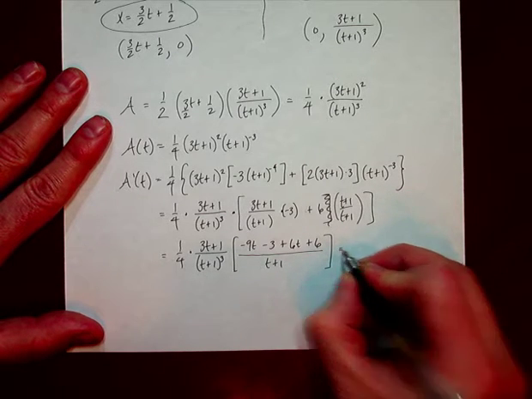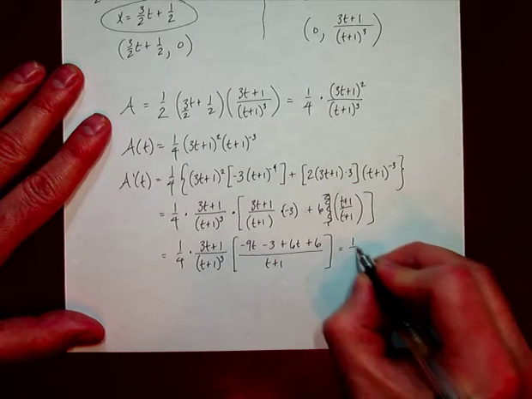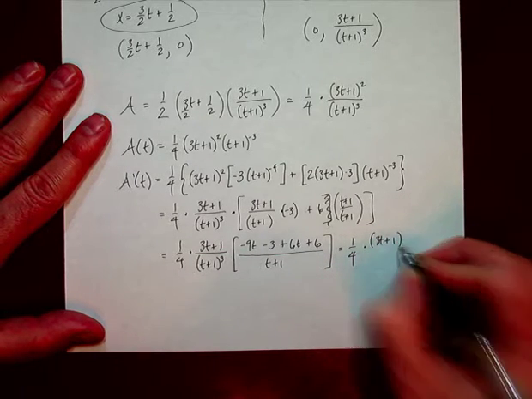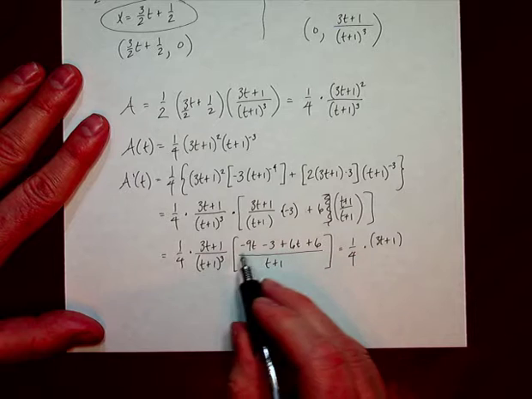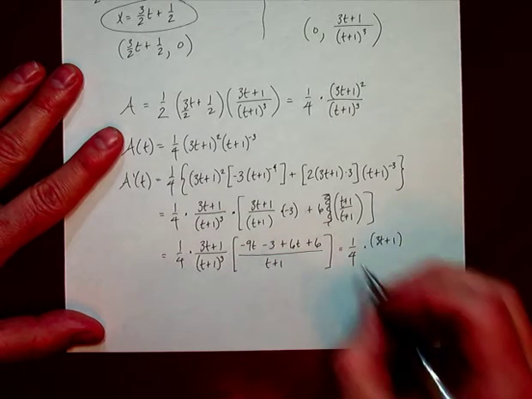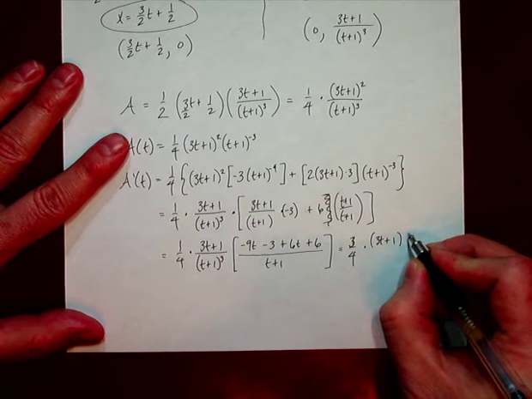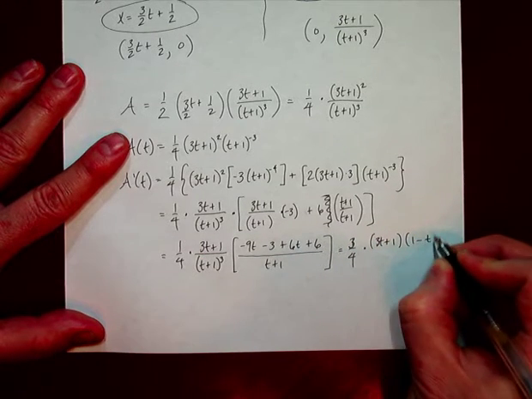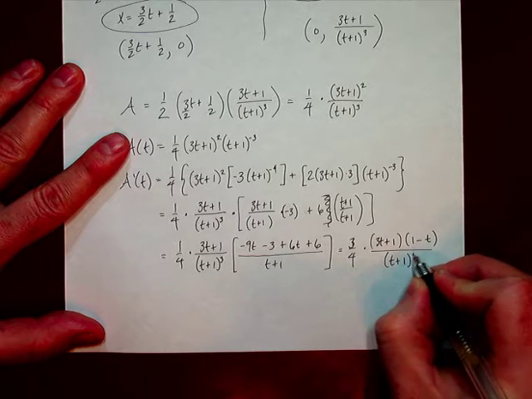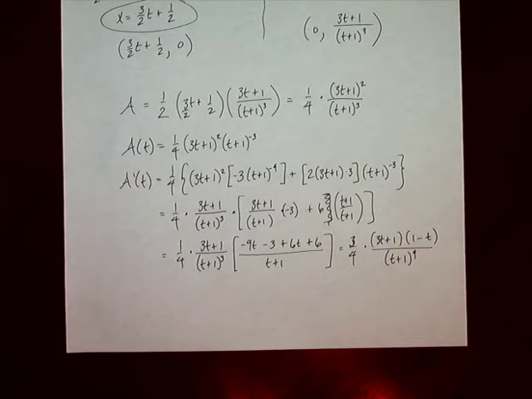So that becomes 1/4 times 3t plus 1. Now this winds up being negative 3 minus 3t. Okay, so 1 minus t, and this is (t plus 1) to the 4th.